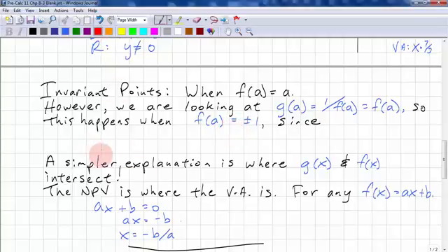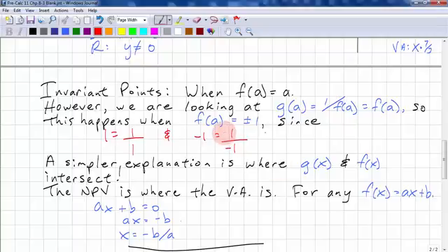Since 1 equals 1 over 1, and negative 1 equals 1 over negative 1. So we're looking for this case here.